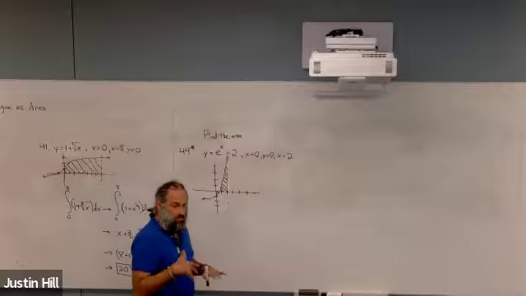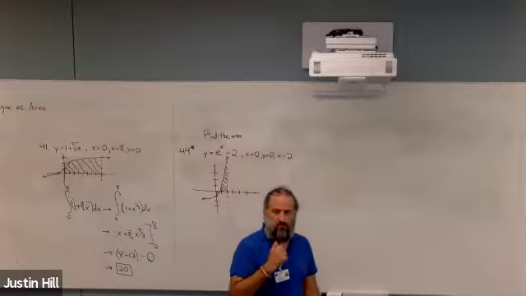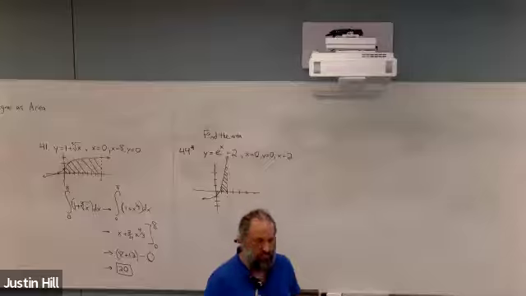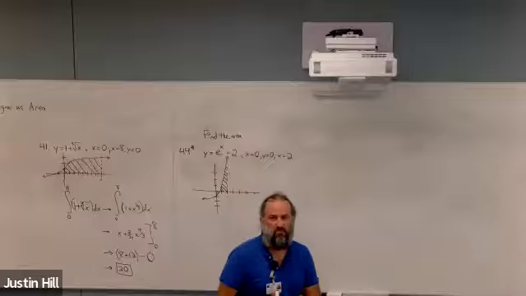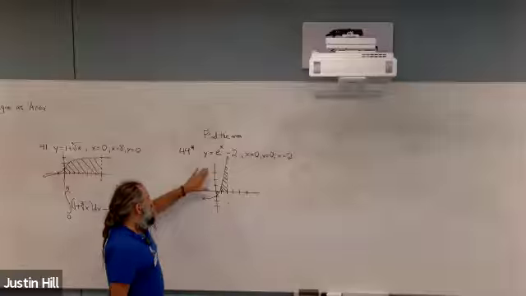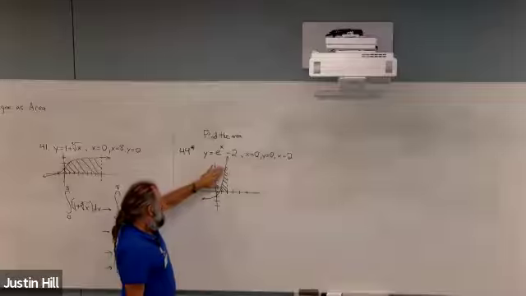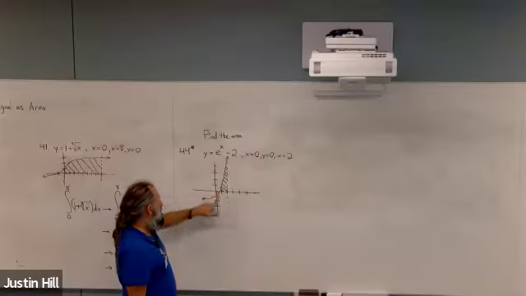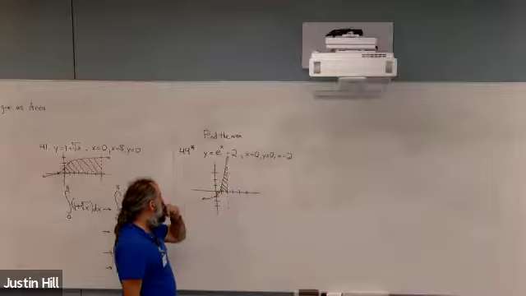Now let's think about the explanation I gave you guys for the integral and how it relates to area. The example we did had a little area above the x-axis, right? So my f of x values, my height of the rectangles, were all positive.